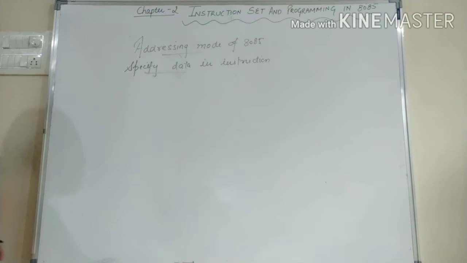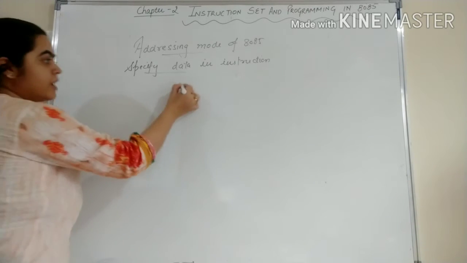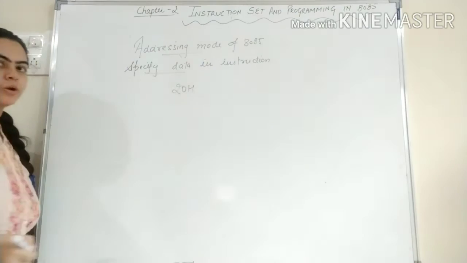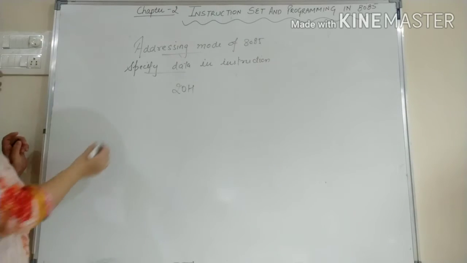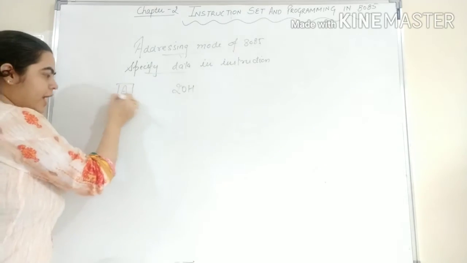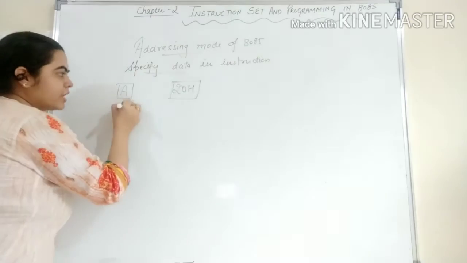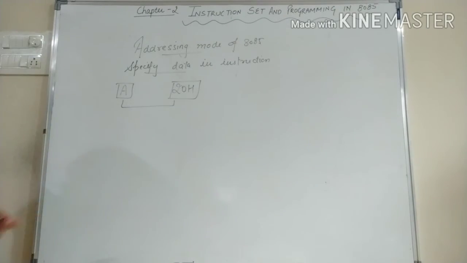Okay students, for example, suppose we have to add this 20H number with the contents of the accumulator. We have an accumulator and we have this data. So we have to add the contents of the accumulator with this data, that is 20H.